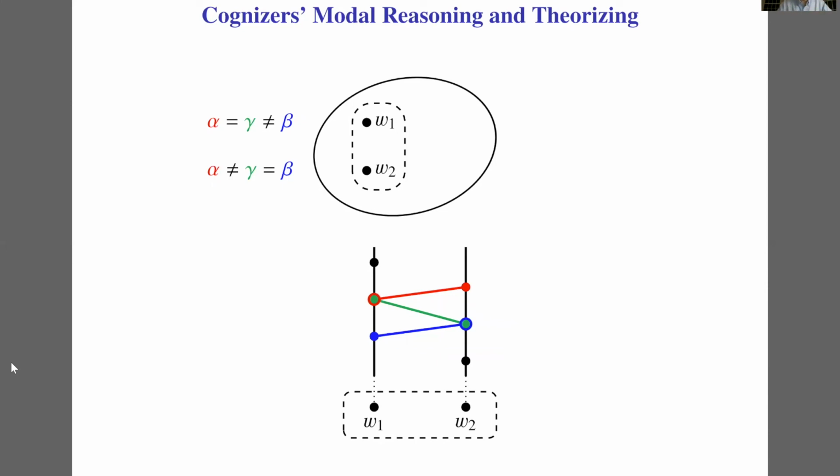So for instance, this is the picture. Now how can we express this? This slide is not the main part. This slide is going to describe what our model will be for the situation in which the cognizer doesn't know whether gamma is alpha or gamma is beta.